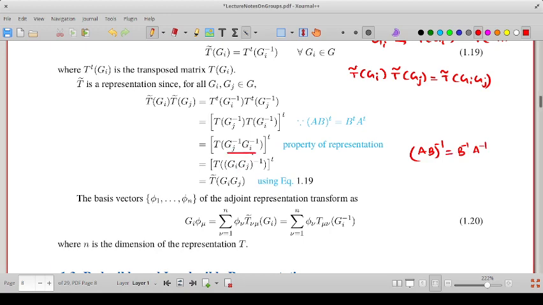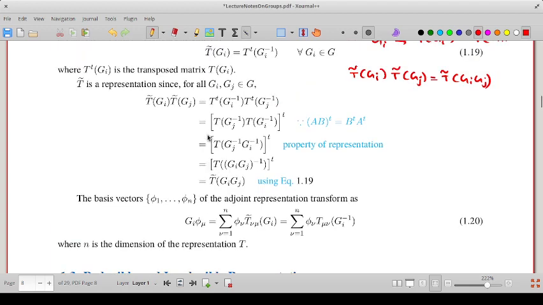So this can be written as T of Gi Gj inverse. So what we have is the transpose of T of the inverse of the element Gi Gj, which is nothing but T tilde of Gi Gj because of this definition. So we have shown that the product of T tilde Gi and T tilde Gj is in fact T tilde of Gi Gj, and therefore the matrices T tilde form a representation of the group.